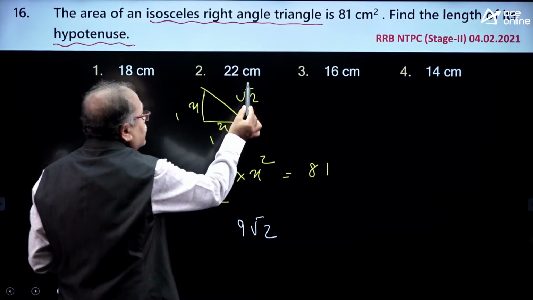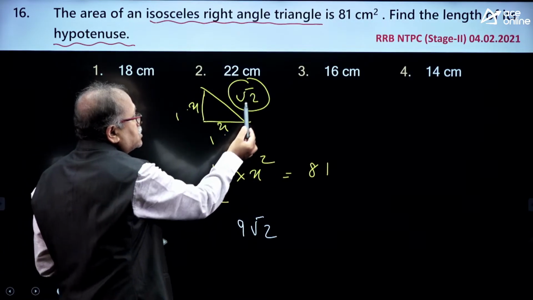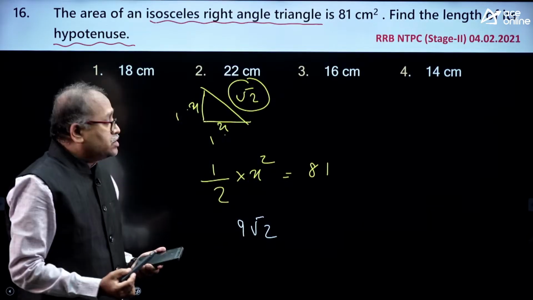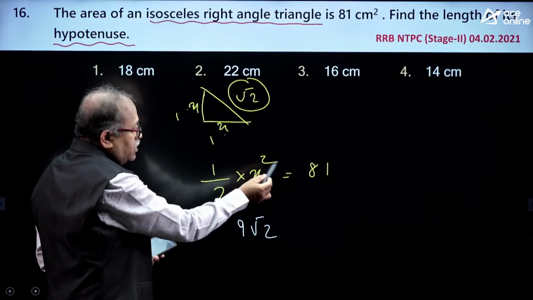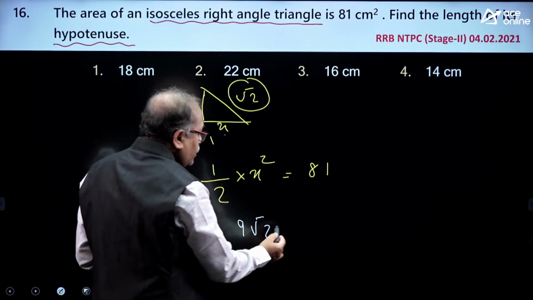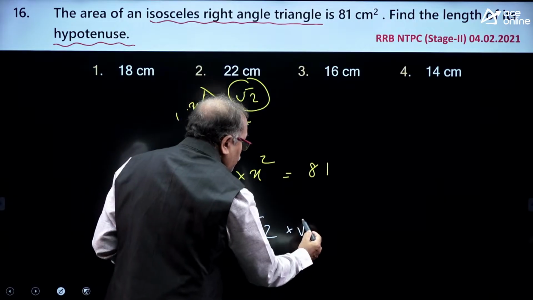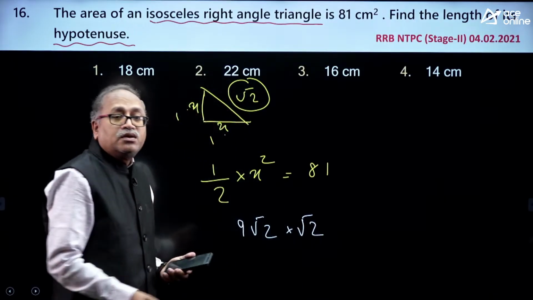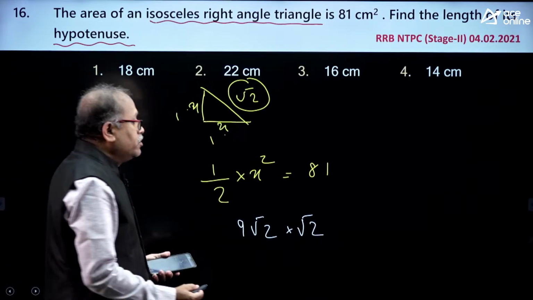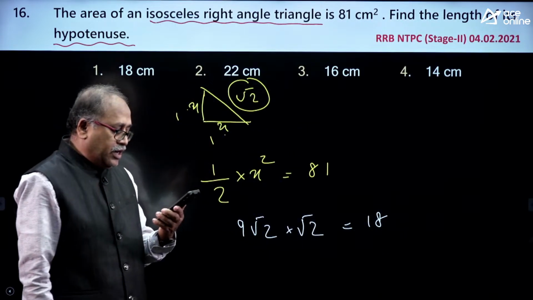If this is x, the hypotenuse has to be root 2 x. In the same way, what will be the hypotenuse over here? The hypotenuse will be 9 root 2 into root 2. That root 2 into root 2 becomes 2, 9 into 2 comes 18. Beautifully answered the question.